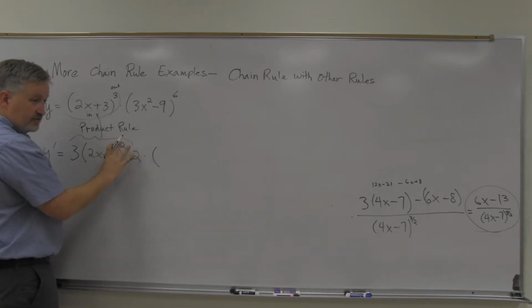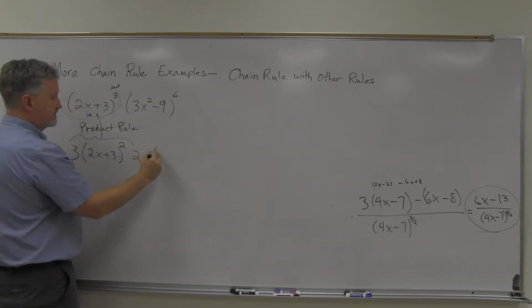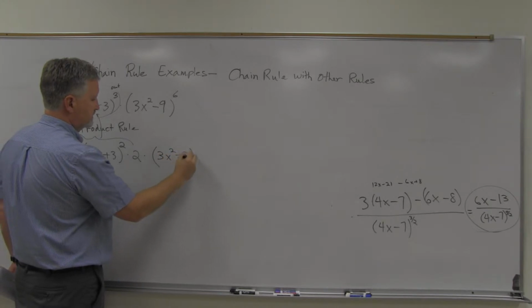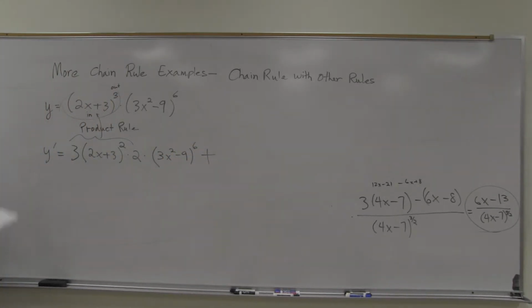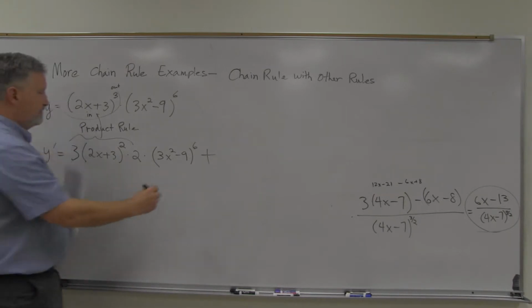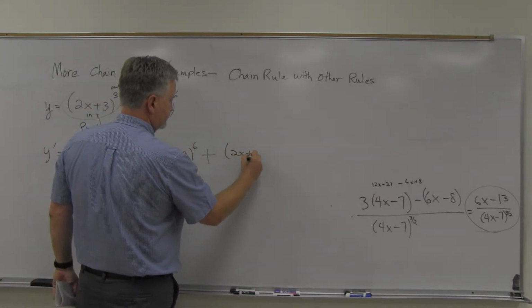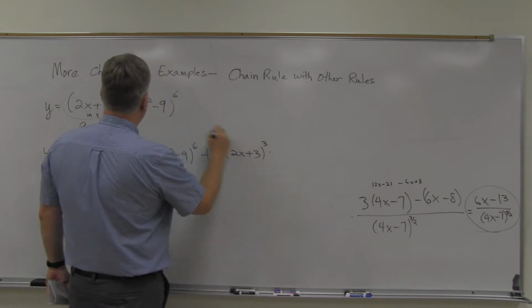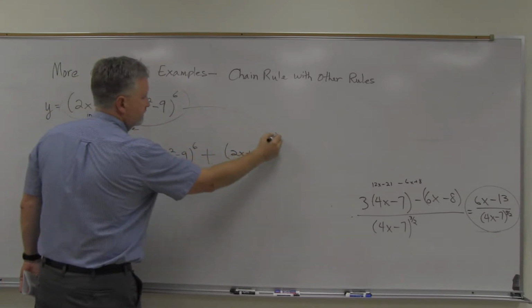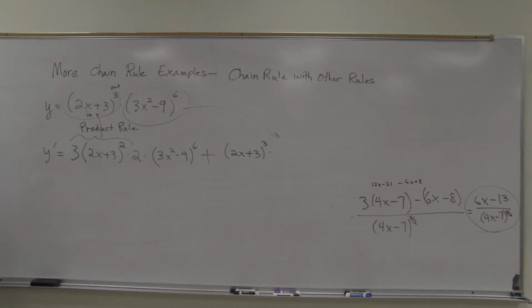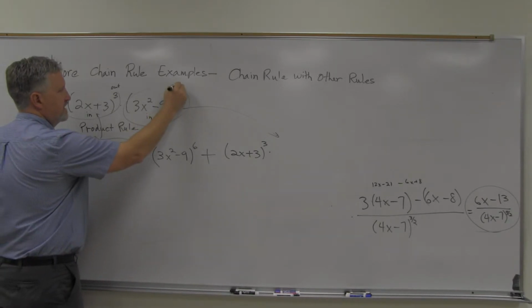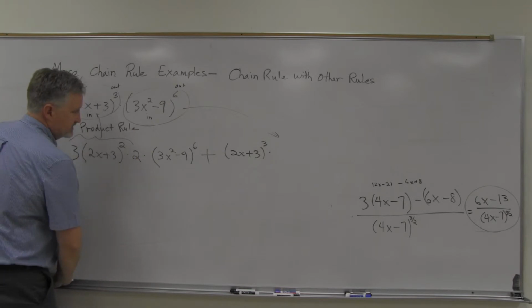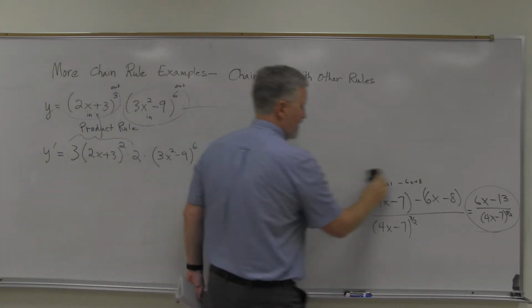If I do the derivative of that one, then this one stays the same. So it's still 3x squared minus 9 to the 6th. And then by product rule, I reverse that. So I keep the 2x plus 3 cubed on this one the same. Do the derivative of that guy. Well, that's again inside, outside. 3x squared minus 9 is inside. 6 power is the outside, so derivative of the outside first.